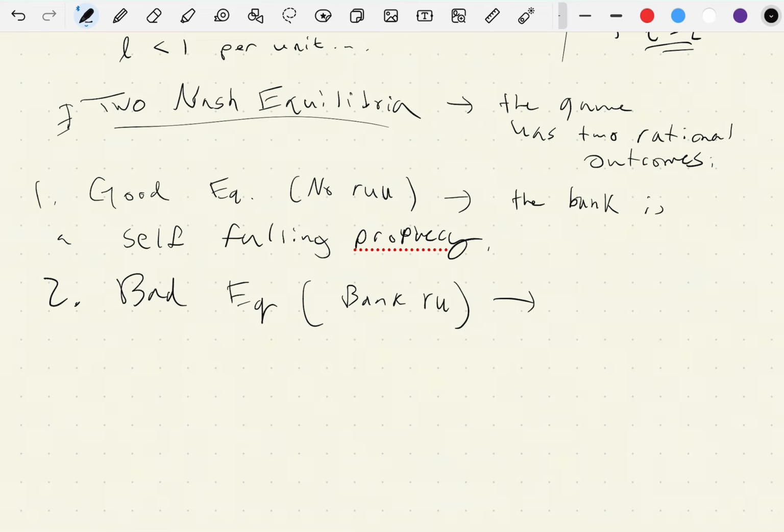So this means that the patient depositors believe others will run, so they all run. And the belief also becomes its own self-fulfilling prophecy, right? So we also have another self-fulfilling prophecy.